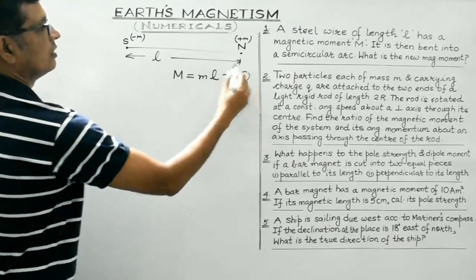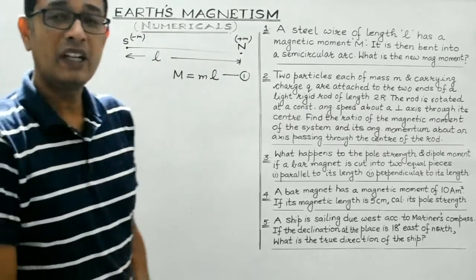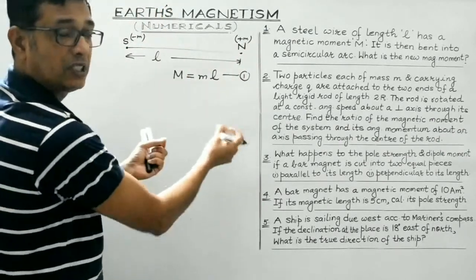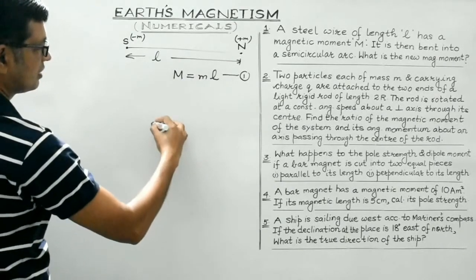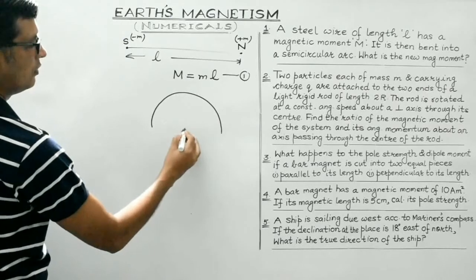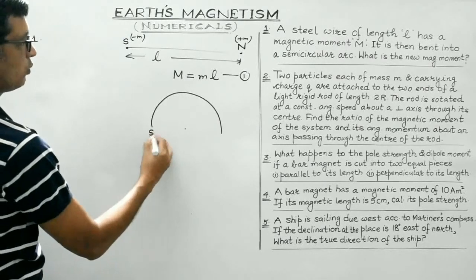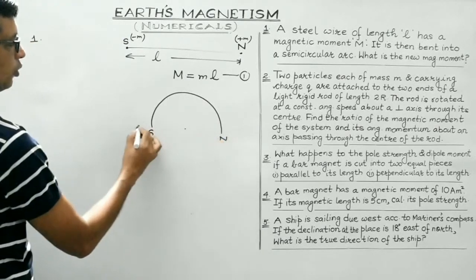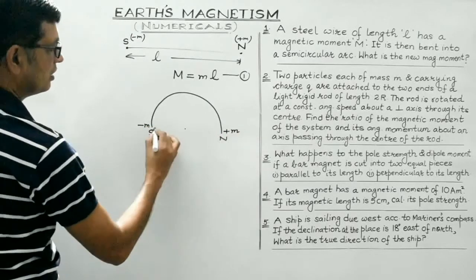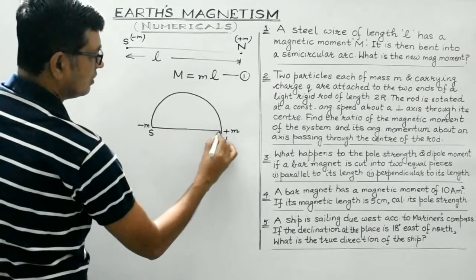So this is it. Now what we are being asked is, this length is converted into a semicircular arc, like this. So this is suppose the south pole, this is the north pole. The pole strength will remain the same, no doubt regarding this. But here the magnetic length would be this one.